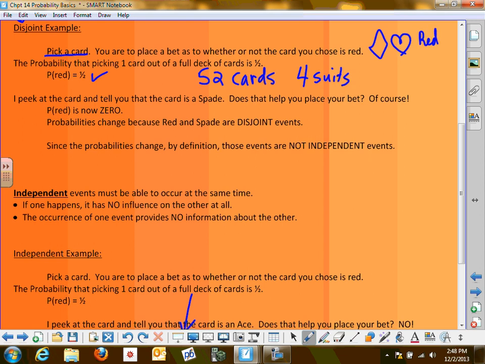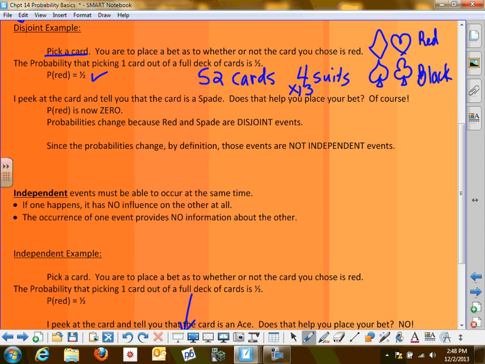And then we got our spades and the clubs, which are both black. How many in each suit? 13 in each suit. Okay. All right. So now you know the makeup of the deck. The probability of red is 1/2, because 2 suits are red out of 4.